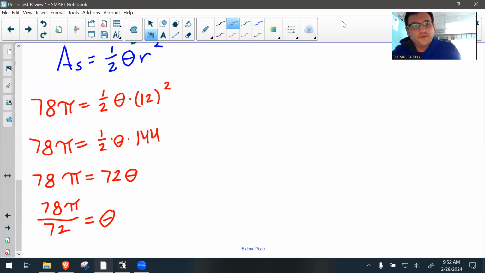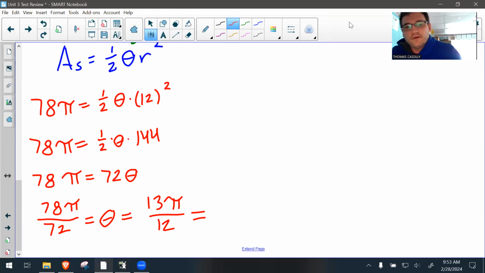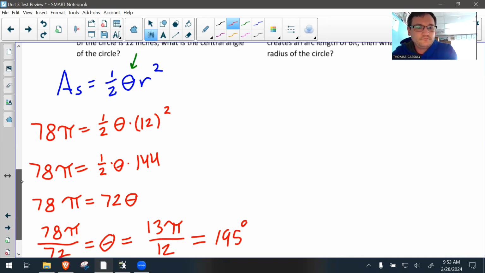That is 13/12, so 13 pi over 12. If you wanted to convert that to degrees, multiply it by 180. Get rid of the pi. And that's going to be 195. This equals 195 degrees. All right, that one's done.